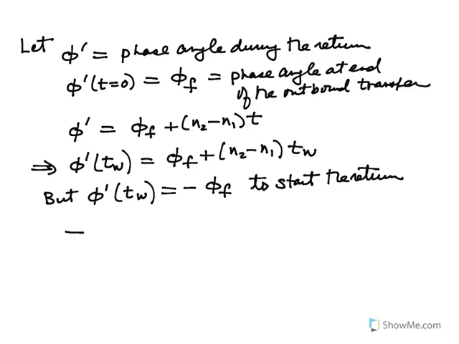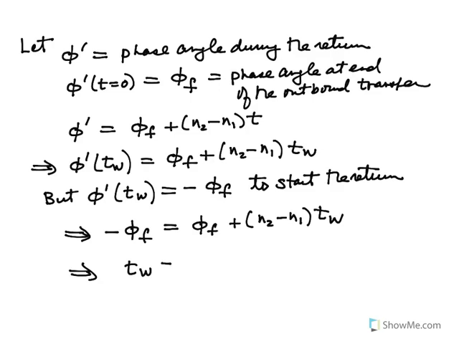So that implies that minus phi f has to equal phi f plus n2 minus n1 times t sub w, which implies that t sub w has to equal minus 2 phi f all divided by n2 minus n1.